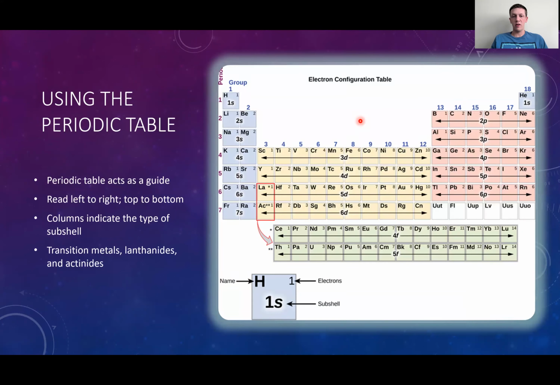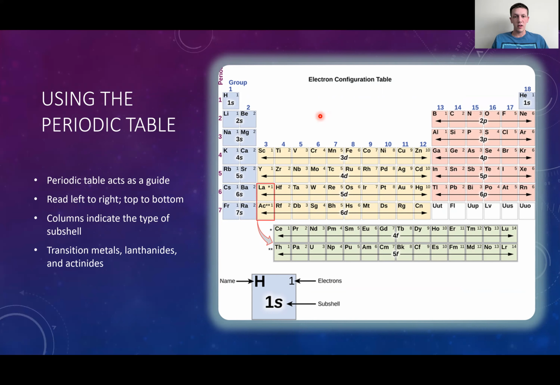As I mentioned before, here we have our periodic table. In this diagram, you can see that we have some of the electron configuration things put inside the table. The way you can use the periodic table as a guide is reading it like you would a book. You start at the top left, and then you read towards the right, and then you move down a row, and then you go towards the right, and you move down a row and onward until you get to the specific atom that you're trying to find the electron configuration for.